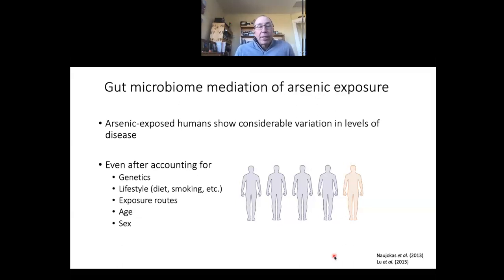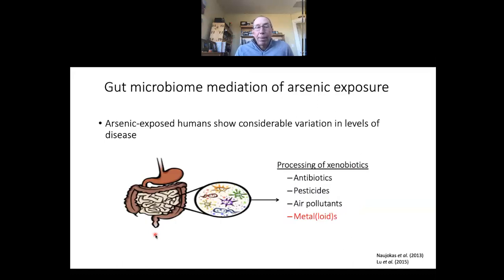So one of the things that has been known is that arsenic-exposed humans show considerable variation in levels of disease. So even after you take into account genetics, lifestyle, routes of exposure, age, and sex, you still can't account for the disease penetrance.